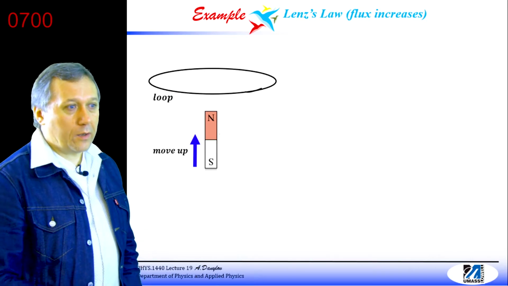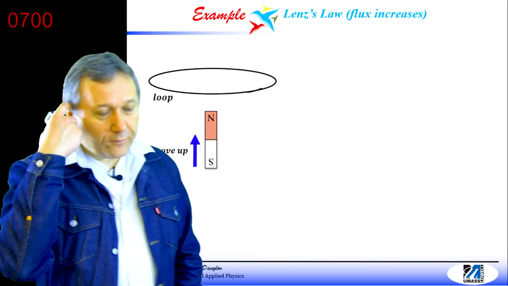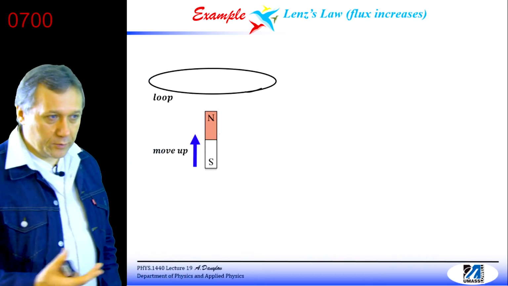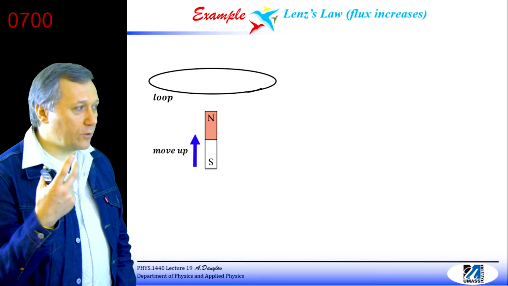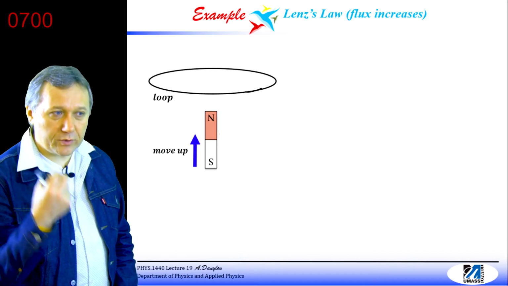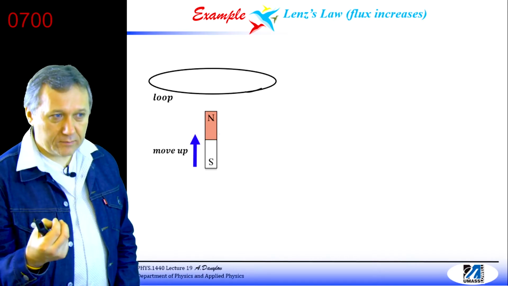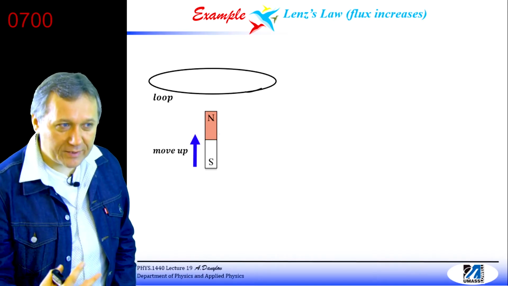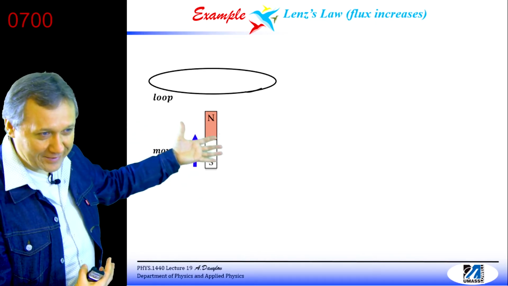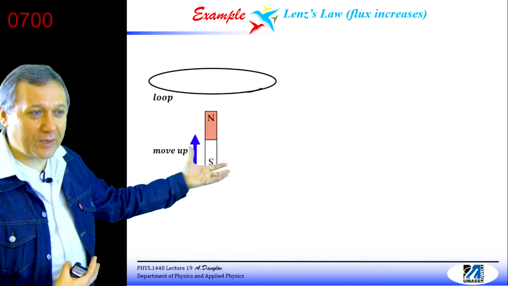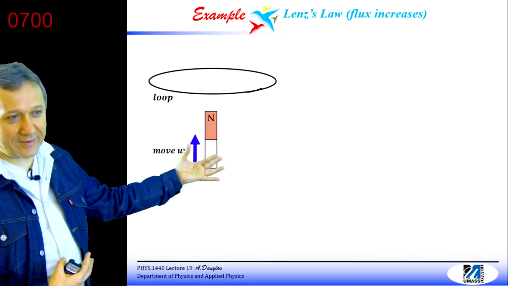Okay, so we need to find the direction of the induced current. In order to do that, we first need to find out what happens to the magnetic flux produced by the external magnetic field. First of all, we need to show the external magnetic field, and of course, that external magnetic field is produced by this permanent magnet.